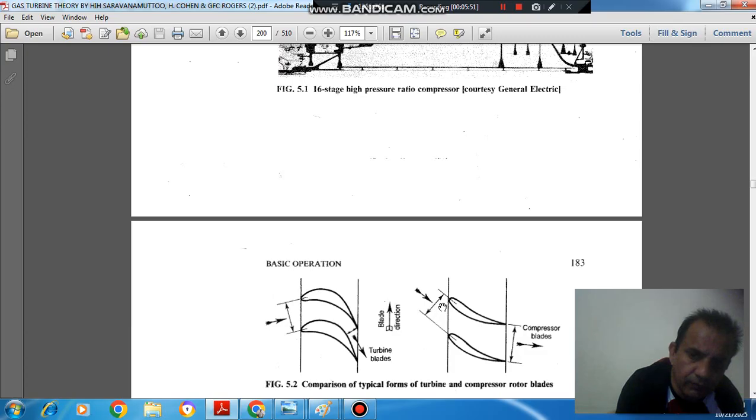Here we can see the gap is small and here the gap is large. So diffusing or diverging passages should be used for the compressor blade. And this is for the turbine. Here the gap is large and here the gap is small, so it is used for the turbine.